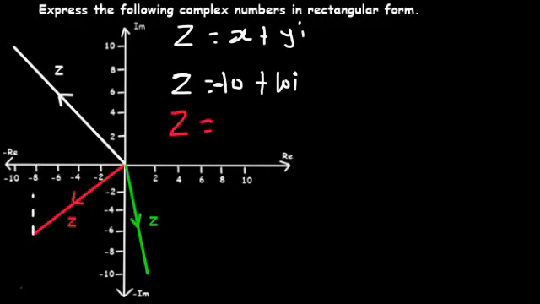So we can say minus 8. Then along the imaginary axis, we can say minus 6, minus 6i. Perfect.